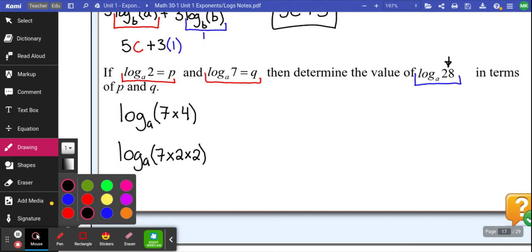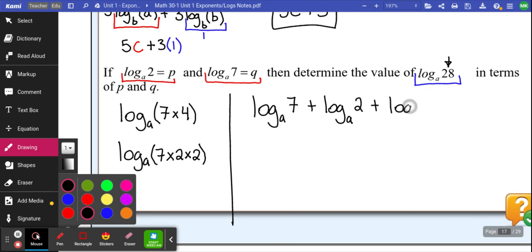So this would become log a of 7 plus log a of 2 plus log a of 2. And I've created p's and q's. This is q plus p plus p.